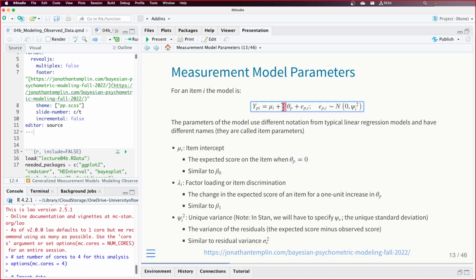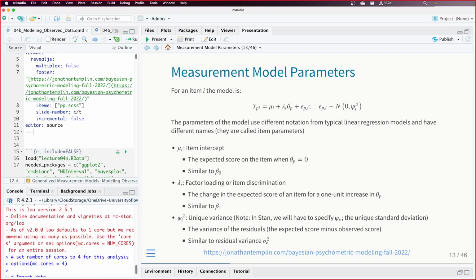Lambda I is what we call the factor loading or discrimination. Depending on which discipline you learn this in: in factor analysis, factor loading; in item response theory, discrimination. They are the same, right? It's a slope multiplying a latent variable on the linear part of the model equation.